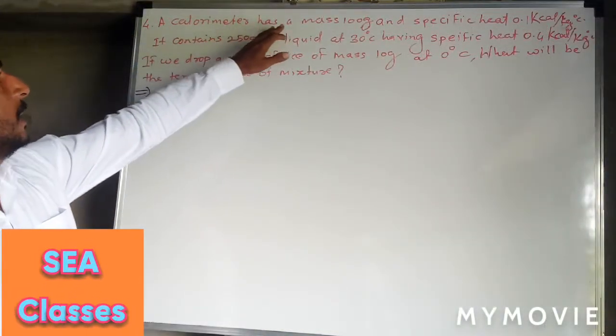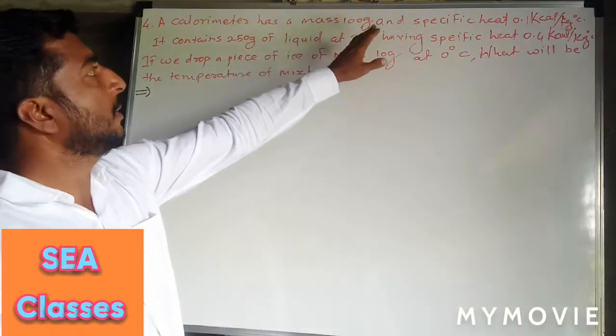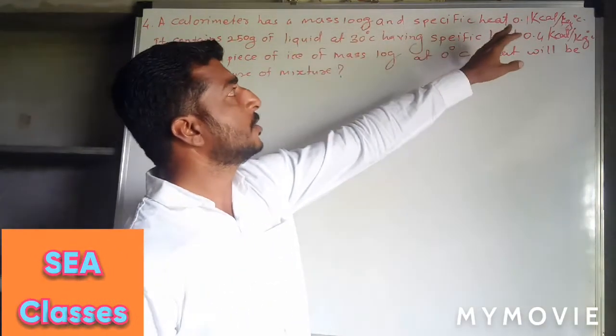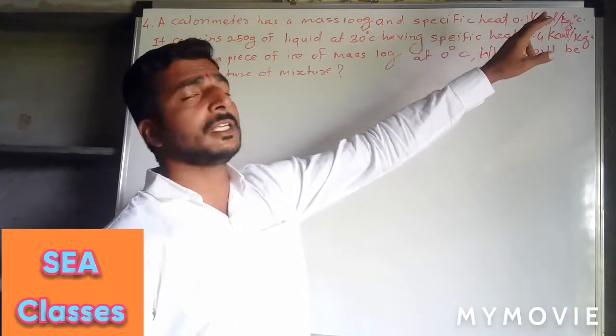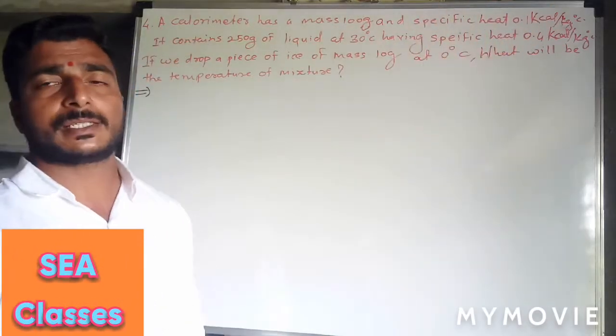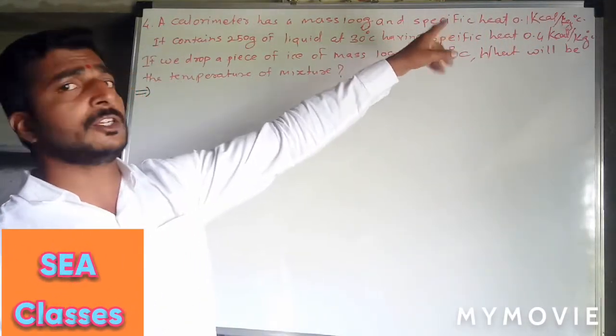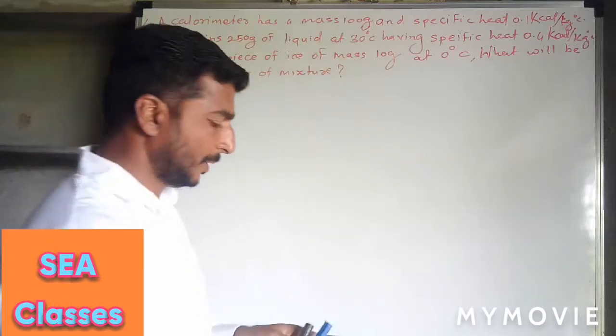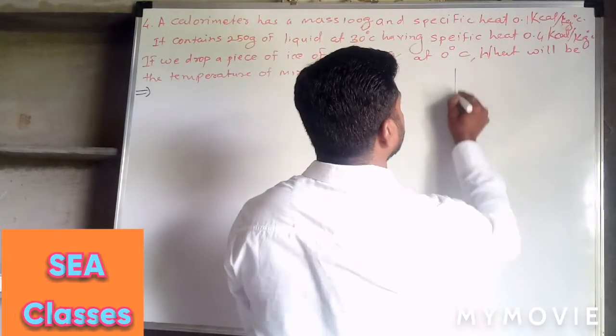A calorimeter has a mass of 100 gram and specific heat 0.1 kilocalorie per kg degree Celsius. So it is the specific heat of copper. So it is a copper calorimeter.